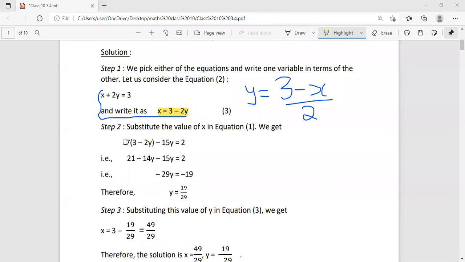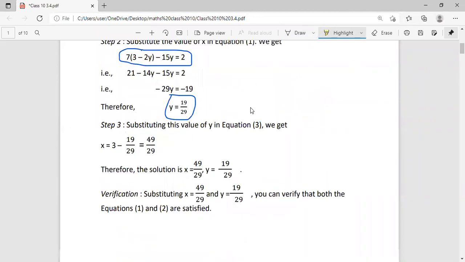Okay, so now we are substituting the value of x in the second equation, and see here in this equation we get only y values. The x term is completely removed. Now from this equation we will get the value of y.